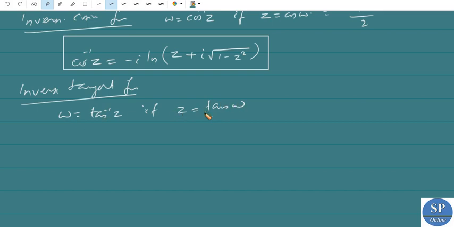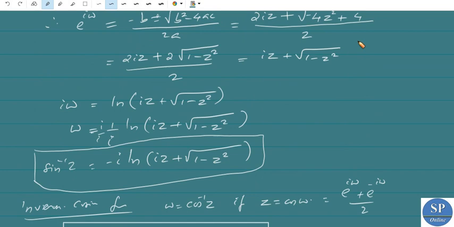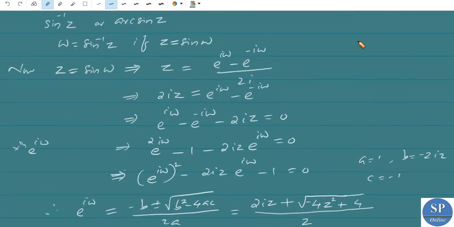So z is equal to tan w, which is sin w divided by cos w. We have cos w as above, and sin w is e power iw minus e power minus iw divided by 2i.